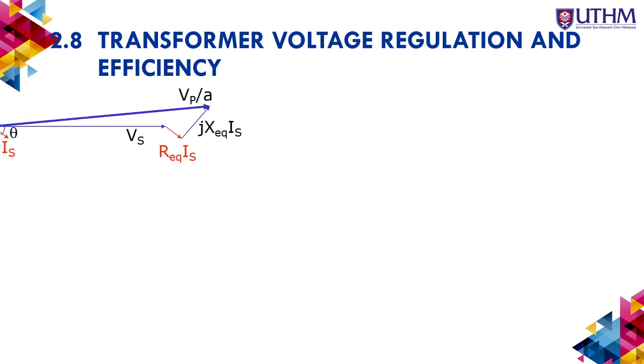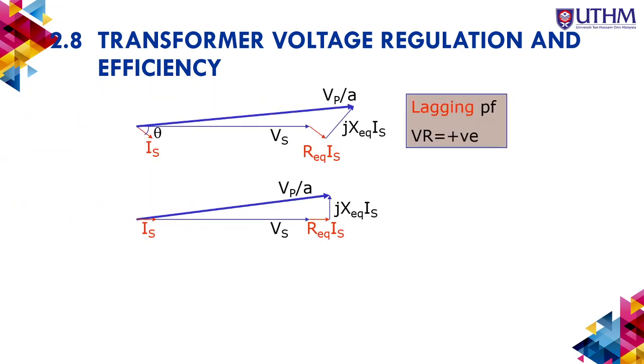So Vs plus the Re equivalent multiplied with the Is, and then this one is always 90 degrees, the inductance component, Xe equivalent Is, and then connect. So this one also you can see that Vpa is more than Vs. So what happens when Vpa is more than Vs?